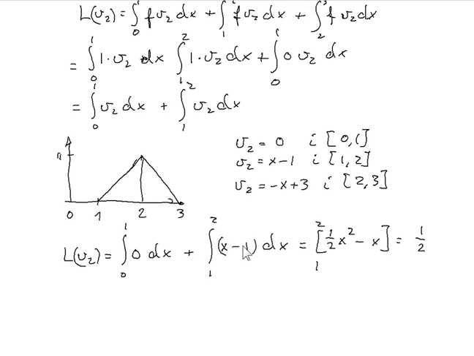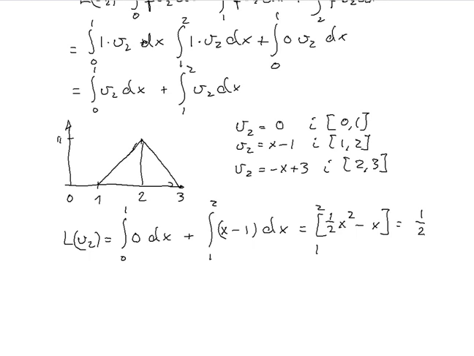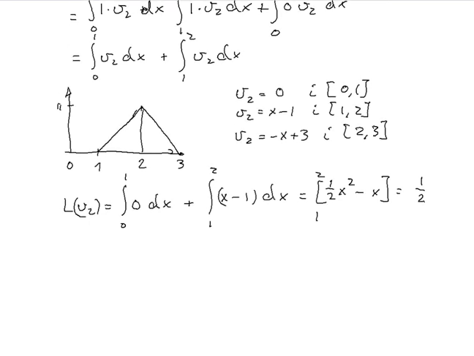And x minus 1, the antiderivative of it, is equal to half x squared minus x, and then we add these limits and compute the integral easily and find that this is equal to 1/2.